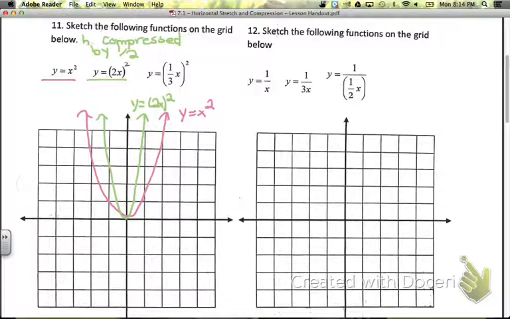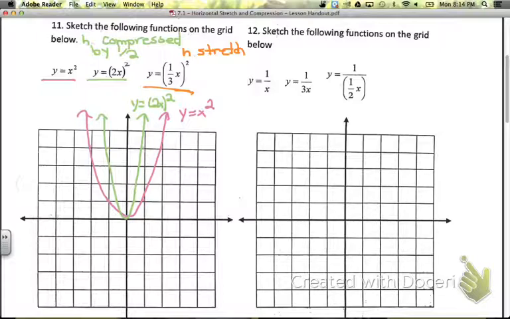Now looking at our y equals a third x all squared, notice the third is inside the brackets. Therefore, I know this is going to be a horizontal, is it a stretch or compression? So since it is a third, therefore it's going to be a horizontal stretch because our value of k is between 0 and 1.